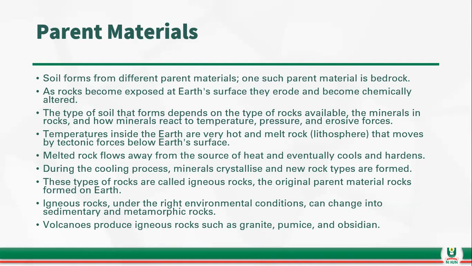This type of rock is called igneous rock because it is formed by the cooling and solidification of molten magma. So this is the original parent material or parent rock formed on the earth. Igneous rock under the right environmental conditions can change into sedimentary rock or even metamorphic rock.